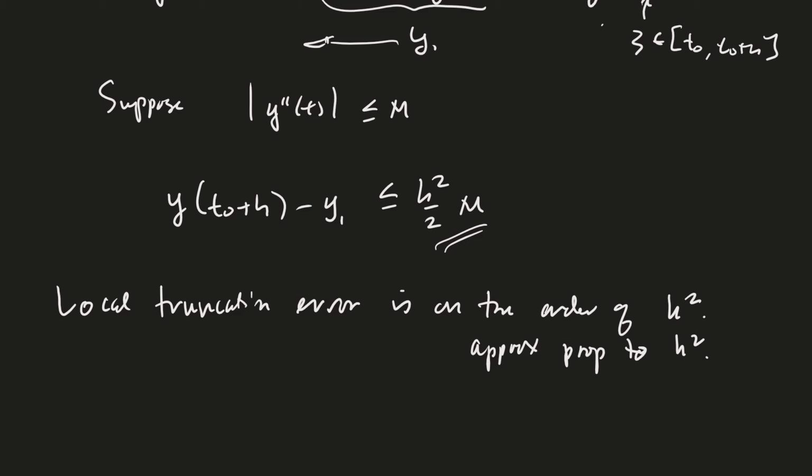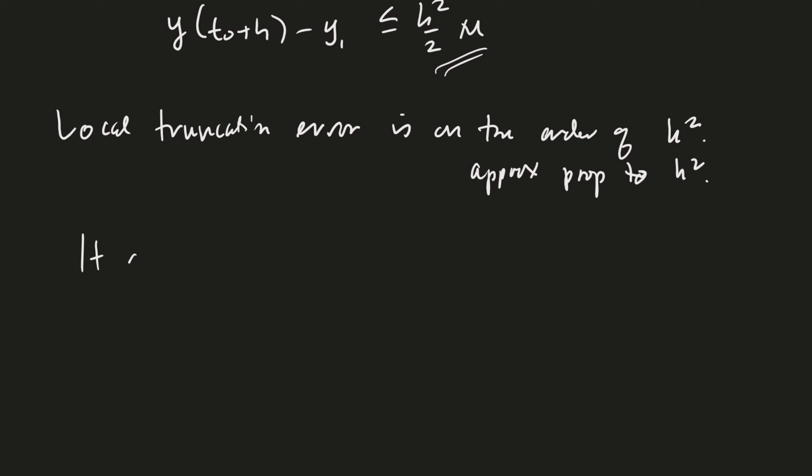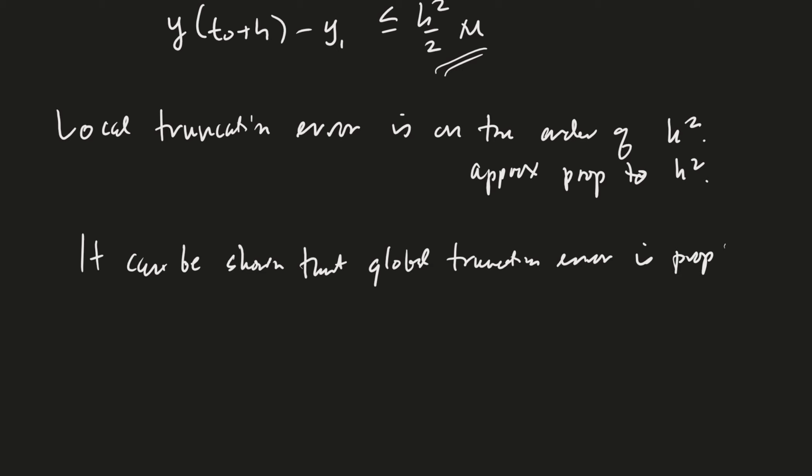Okay, and then there is a way of looking at the global truncation error, but there's some messing around we need to do. I didn't want to introduce new topics right now at this stage, so we're just going to say that it can be shown, it's not really hard to show, it just takes a little bit of time, that the global truncation error is on the order of, or proportional to, h.